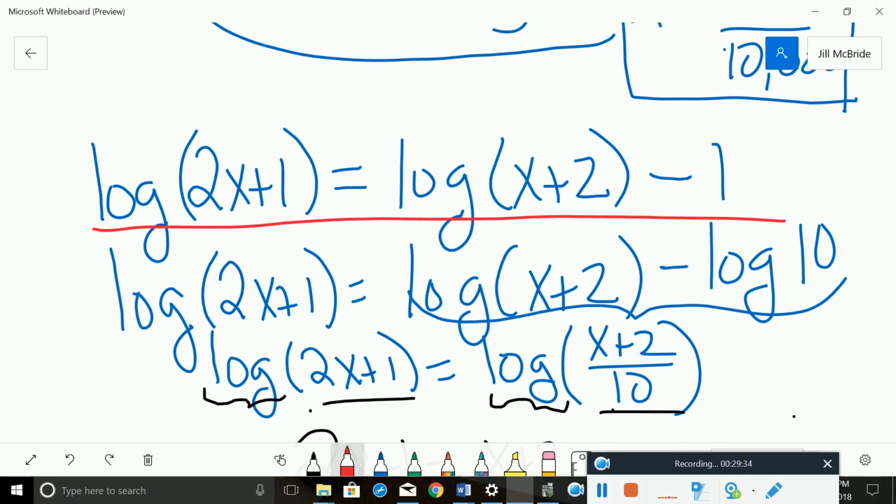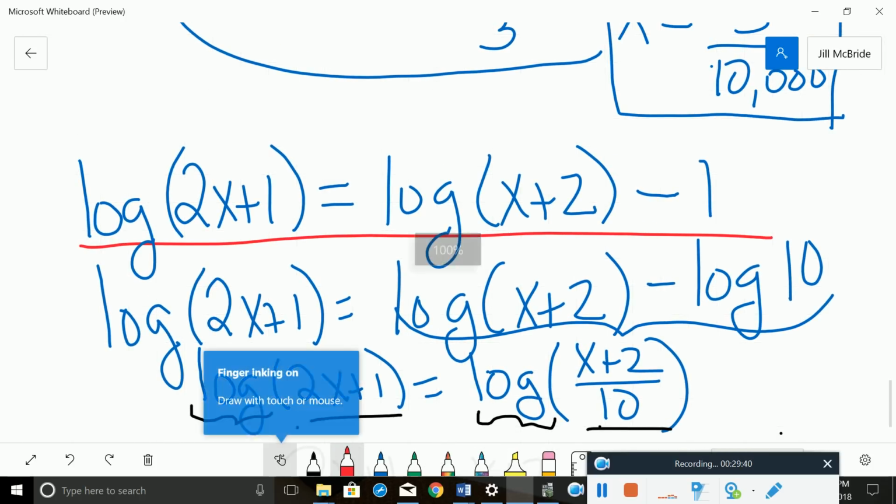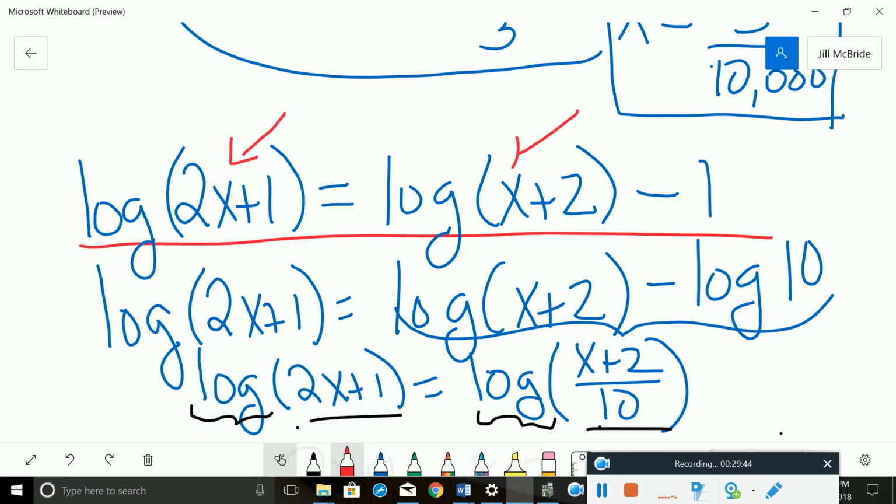Will it make either one of these arguments, either that argument or that argument, negative? And the answer is no. It doesn't make either one negative, and you can use a calculator to plug that in and make sure that your arguments are negative, or not negative, or 0.